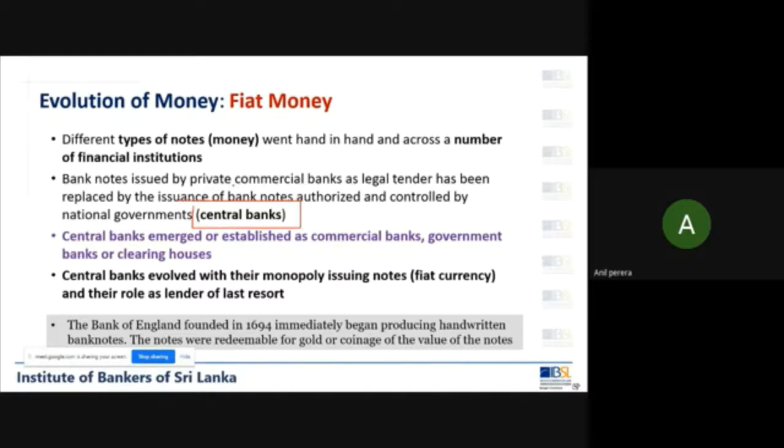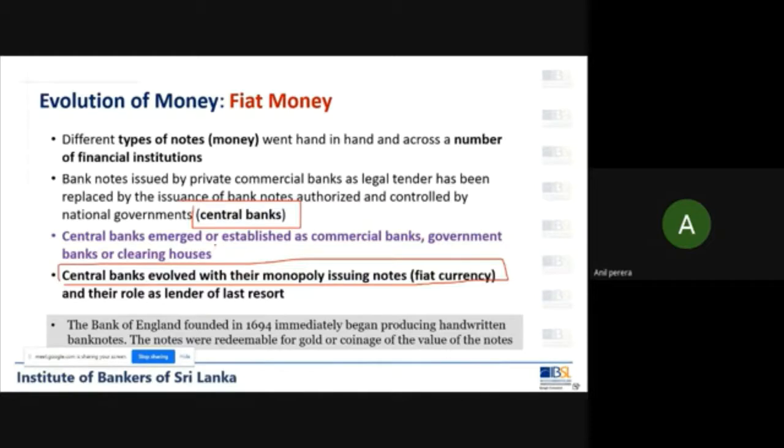I'm not going into that area, but what really happened is that central banks emerged or were established as commercial banks, government banks, or clearing houses. They became the monopoly issuer of the currency. Monopoly issuer means they are the only issuer.